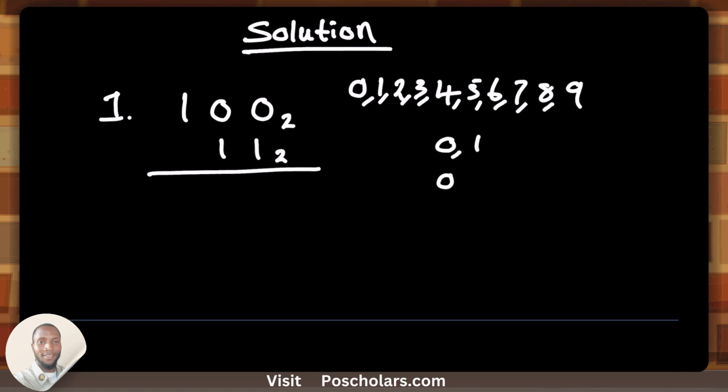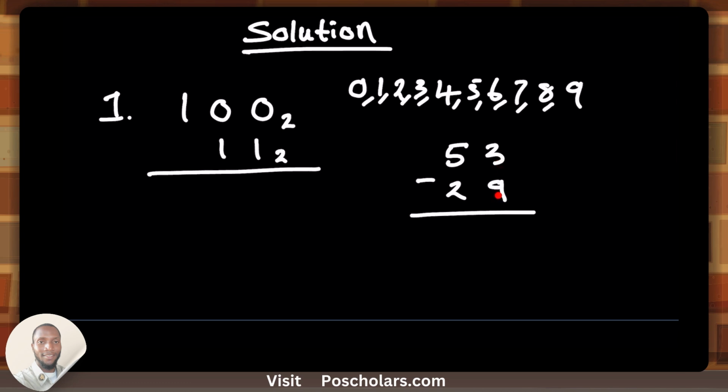Now, let's solve. But before we solve, let's quickly subtract 2 numbers using the normal method we know. Let's use 53 minus 29. Yes, 53 minus 29. Now, how do you go about this? You start by saying 3 minus 9.